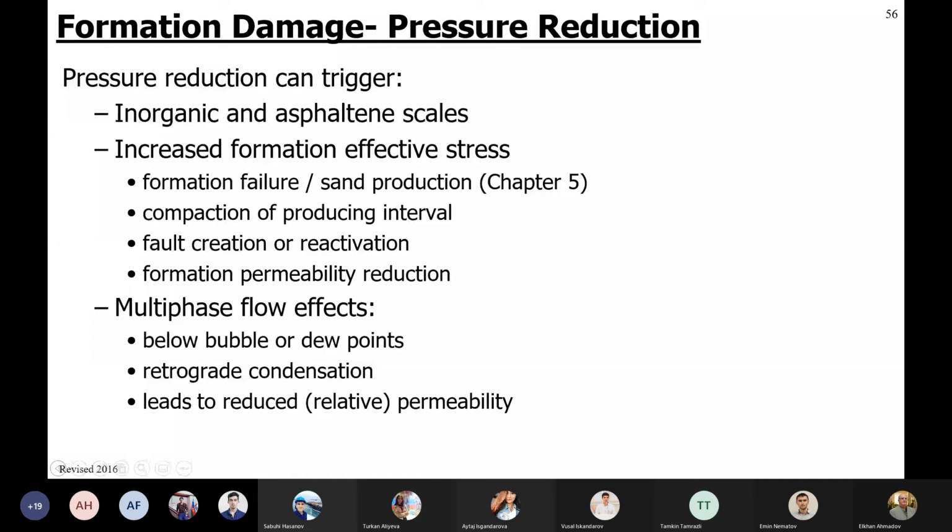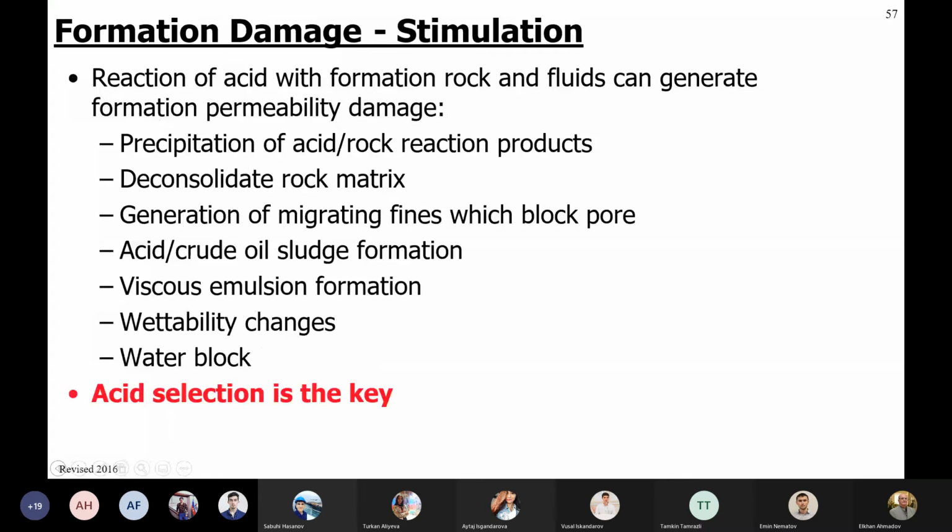Where the formation damage during the stimulation, again we talked about that reaction of acids with formation rock and fluids can generate formation permeability damage due to the precipitations, due to the deconsolidation of rock matrix when the injected acid or injected fluids may dissolve the cement of the rock, and in that case the fines or sand particles or rock particles will be detached from each other and become mobile and moving inside of the reservoir.